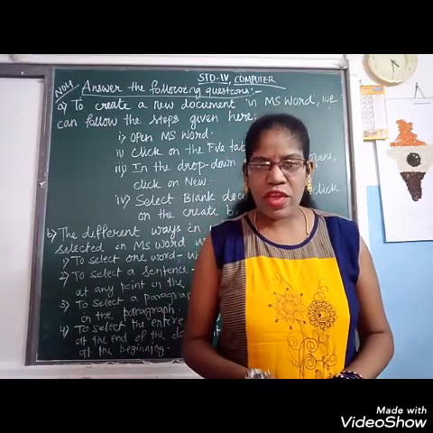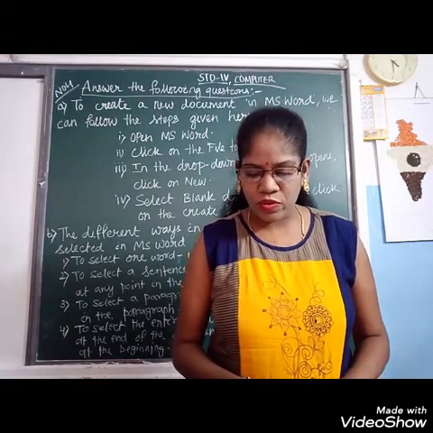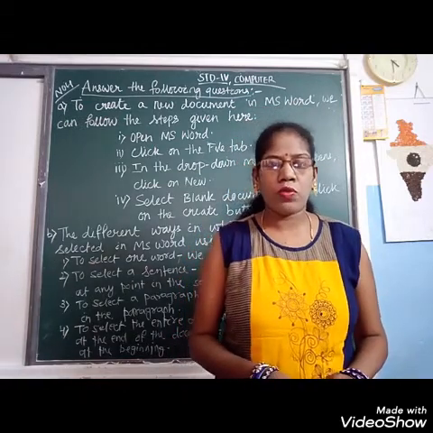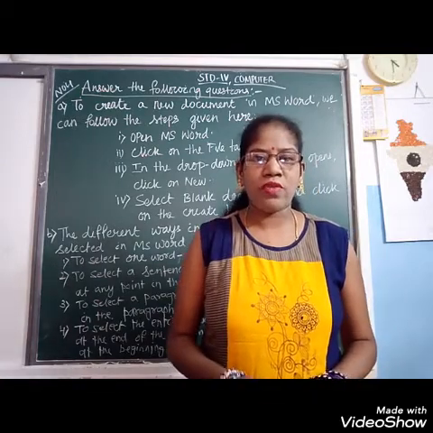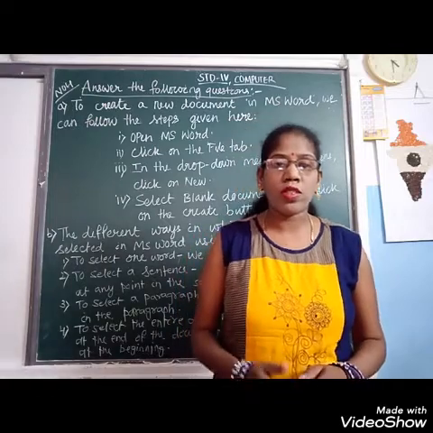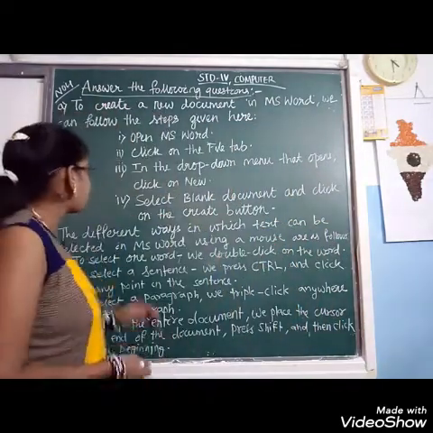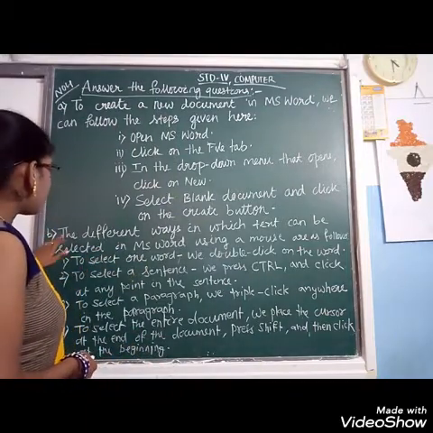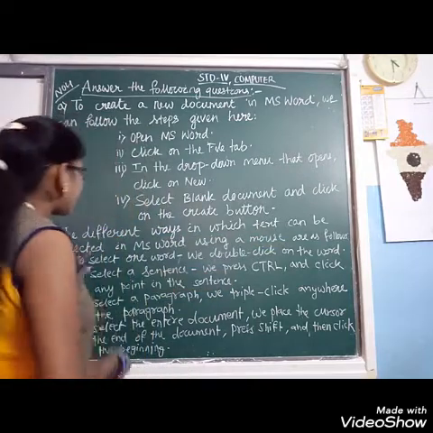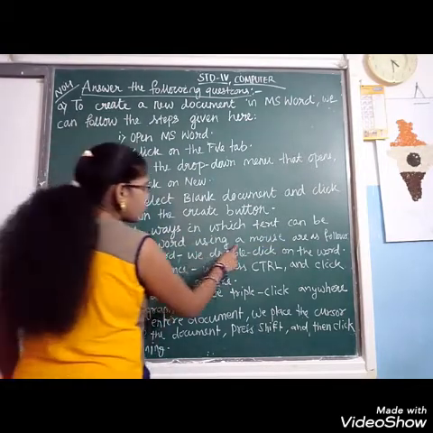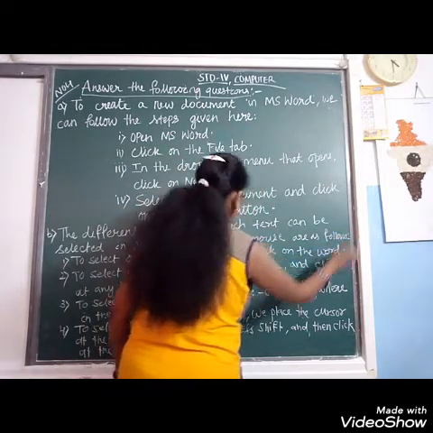Explain the different ways in which text can be selected in MS Word by using a mouse. If you want to select text with the help of a mouse, what are the ways you can do it? Let's see the answer. The different ways in which text can be selected in MS Word using a mouse are as follows.